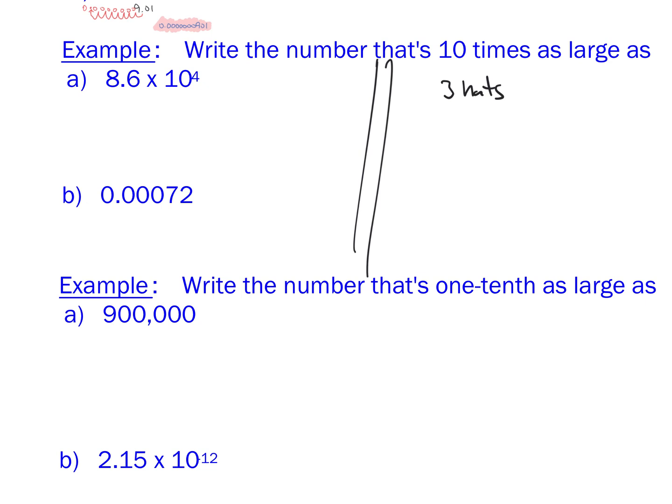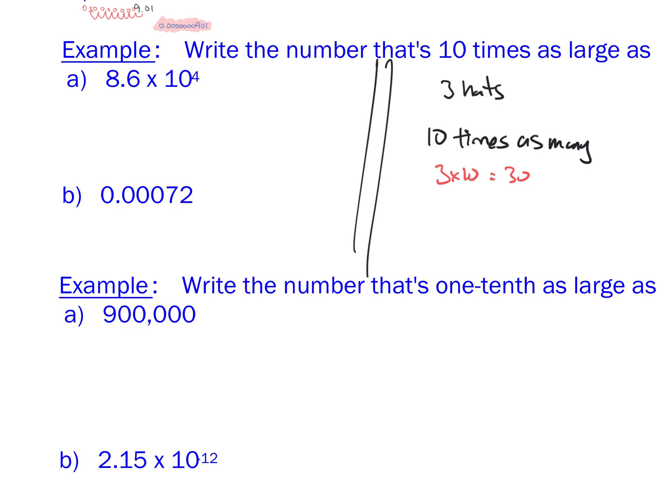And Chase says, I've got 10 times as many hats as you. How many hats does Chase have? 30. Because you take 3 and you multiply it by 10 and you get 30. So if Chase has 10 times as many hats as me, he's got 30 hats. So 10 times as large or 10 times as many means you multiply something by 10. Okay?